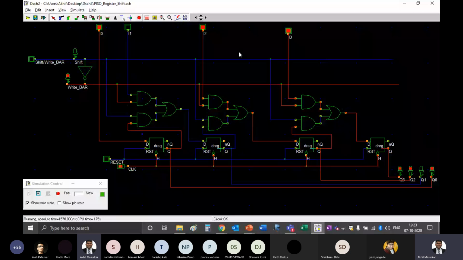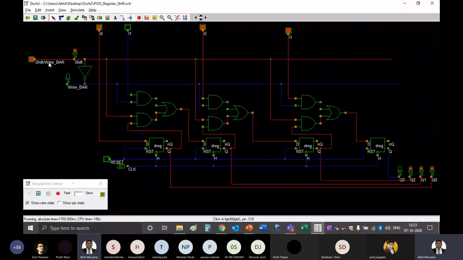Now I want to clear this register. So I want to send whatever is stored inside outside. So I now enable the shift button. You can see here the shift LED will glow now. You can see now the shift LED has glown, and now the bits are getting shifted.